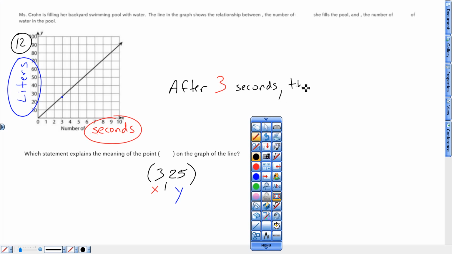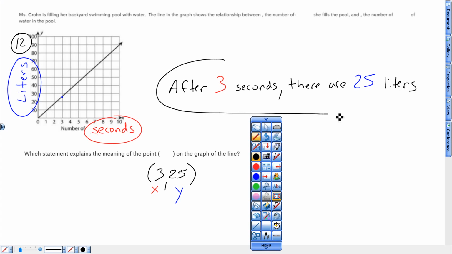There are 25 liters. And again, notice I'm writing that in that exact order, just like an x, y coordinate would be written with the x number talked about first, 3 seconds, 3 right there. And then that second number at 3 seconds, 25 liters. Don't mix that up. All right, next problem.